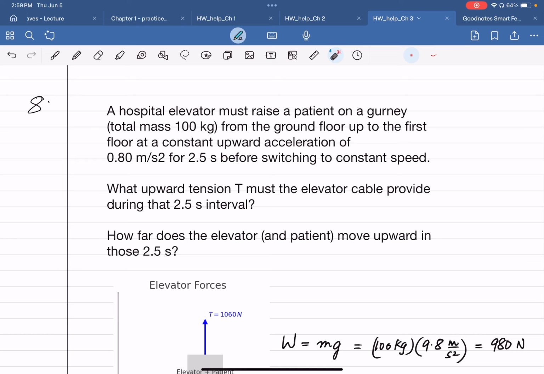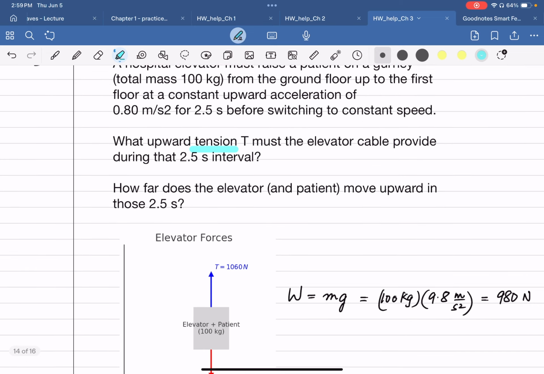So you have the mass, you have the acceleration, you have the time. What upward tension? So when you see the word tension, that's another word for force. So thrust means force, tension again means force. So what upward tension must the cable provide during that 2.5 second interval?